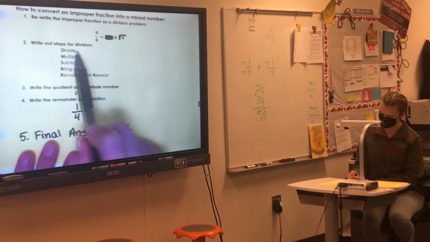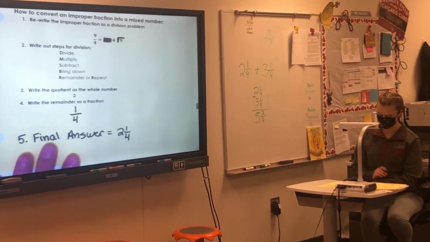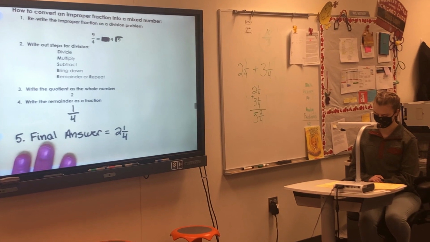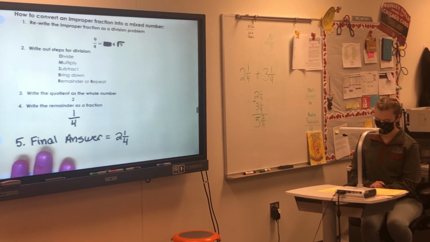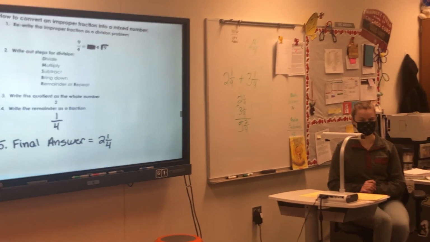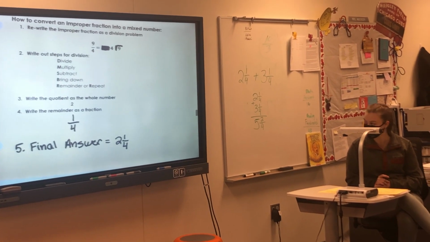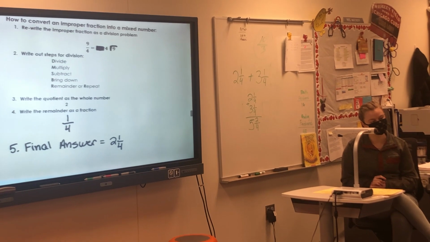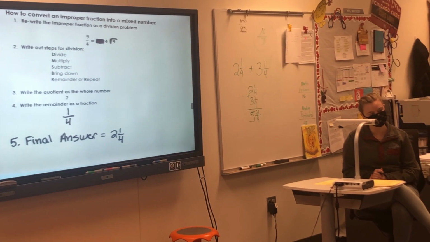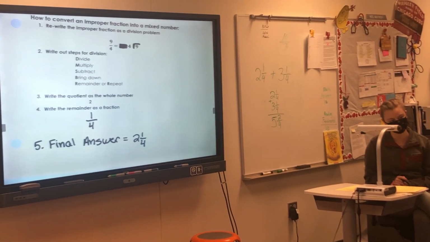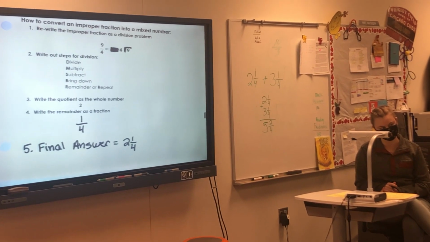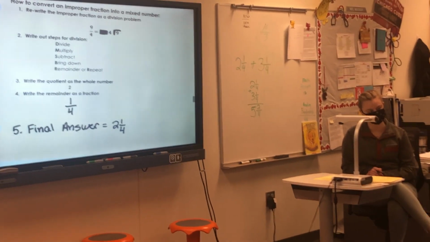Alright, so let's go ahead and start our steps for division for 9 divided by 4. So that first step, divide. What are we gonna do, Judith? So divide is we divide like 4 plus 4 equals 8. If we add one more, we're gonna get bigger.